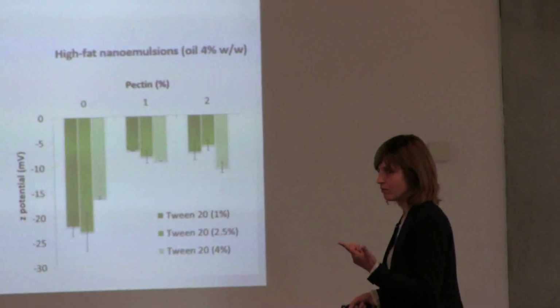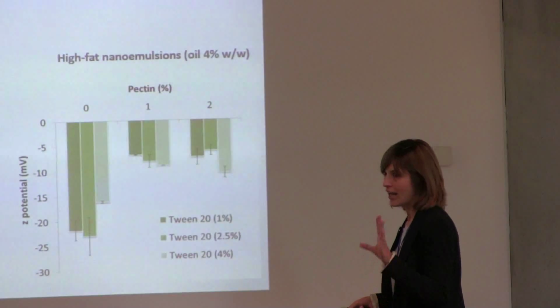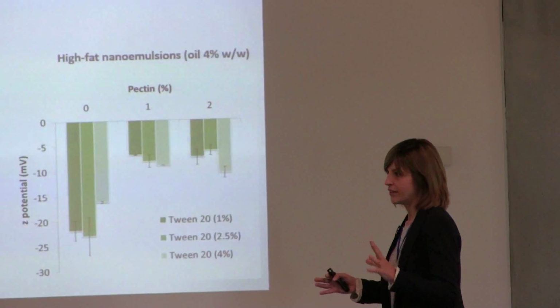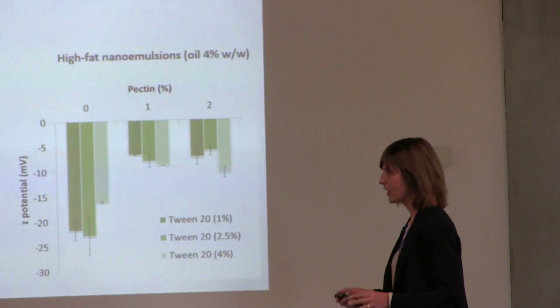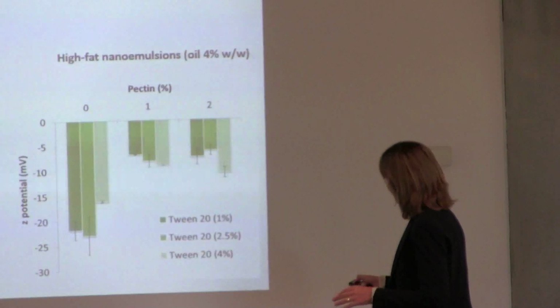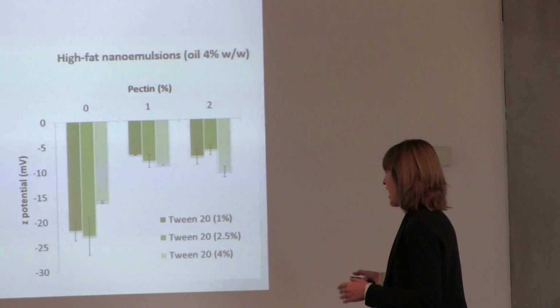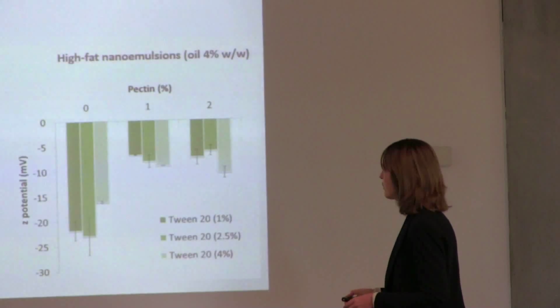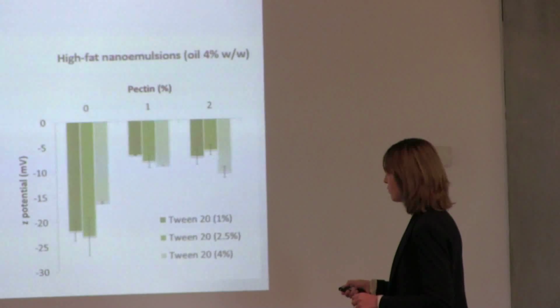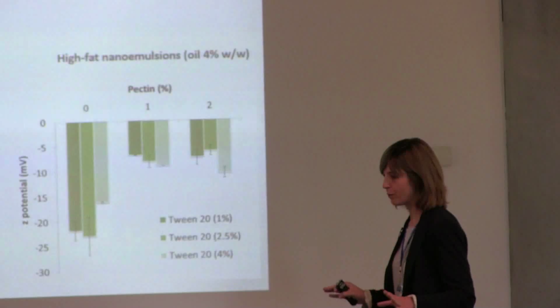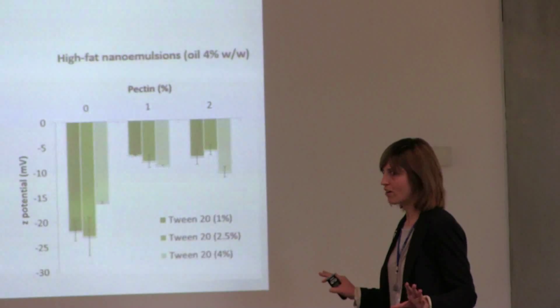And visually, we saw that they were stable just for 12, 15 hours. Okay? The addition of pectin in those emulsions gave us higher potentials, minus 10, minus 5. So it's supposed that those nanoemulsions were not stable.